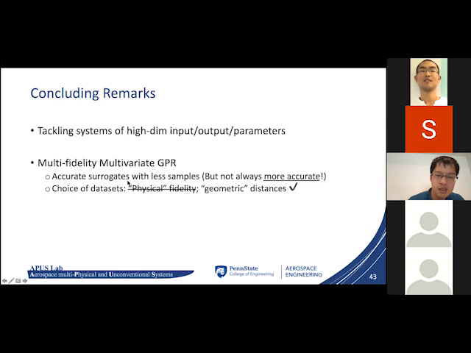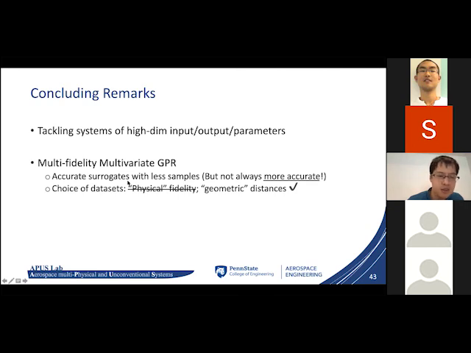One is that it is a good model. It can generate accurate predictions with fewer samples, but it doesn't always give you a more accurate model, because when you have sufficient samples, the single-variate GPR will also perform pretty well. You just have this extra cost of generating samples.